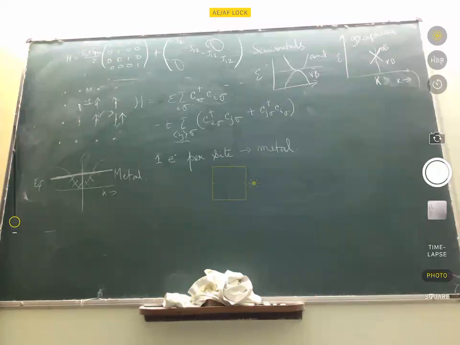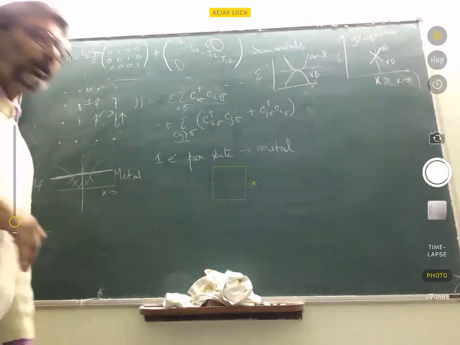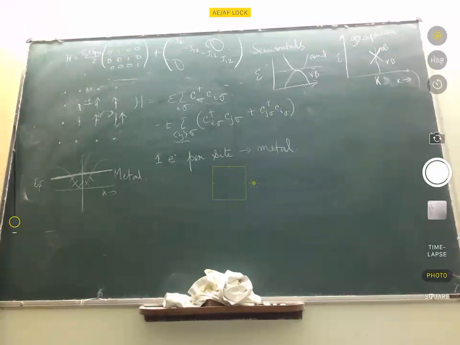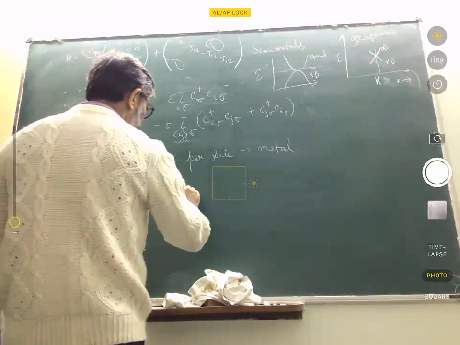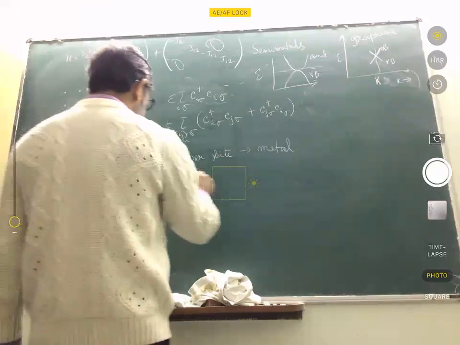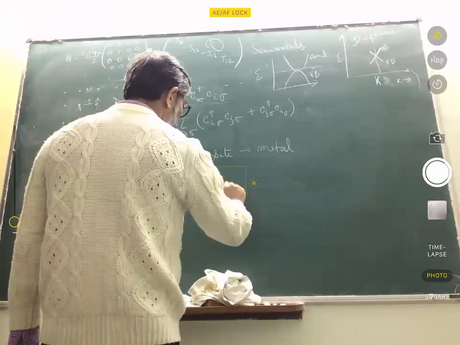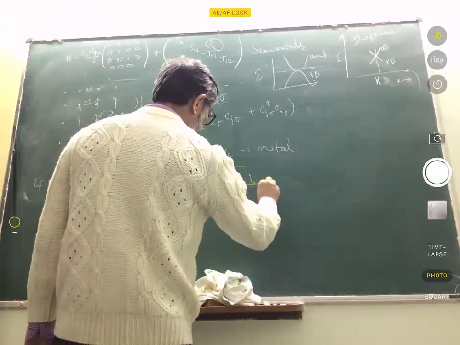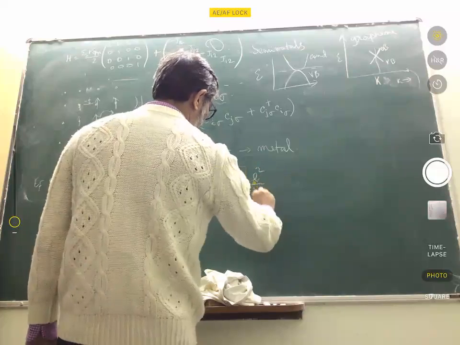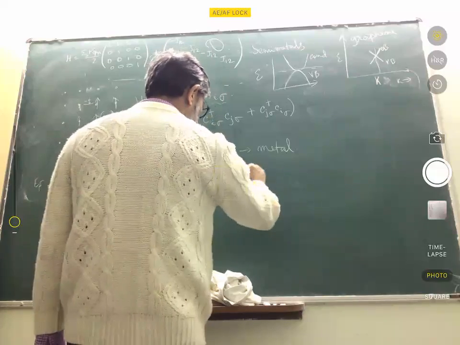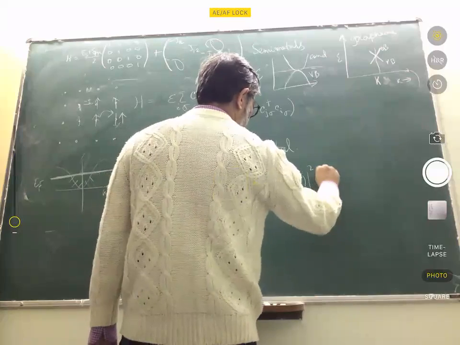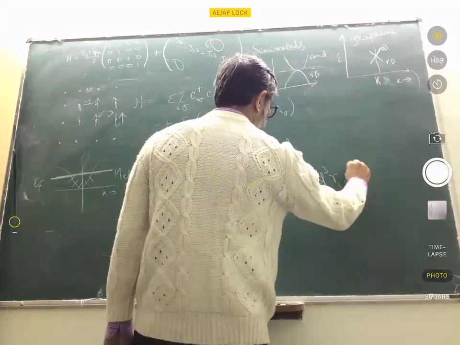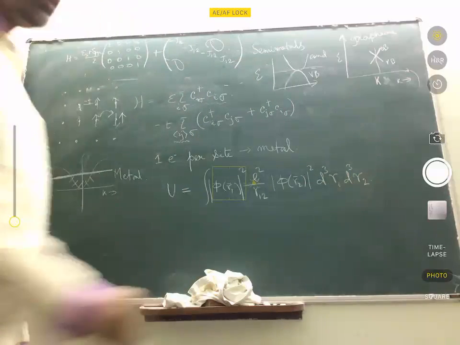And whenever that happens, remember our discussion in the last lecture, two electrons occupying the same atomic orbital costs you energy, which we introduced as this quantity U. So here, if phi is the orbital, whenever two electrons are on the same orbital, it will cost me this much energy.